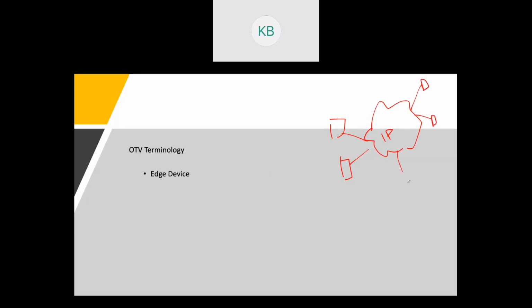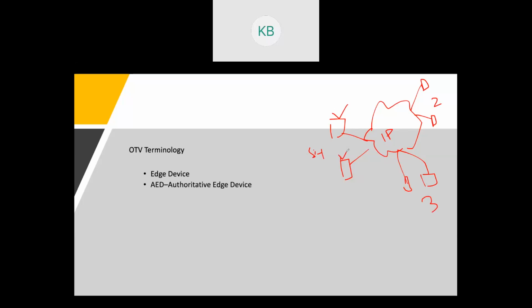In fact, you can have another site here like this. So this is site 1. Let's say this is site number 2, and this is your site number 3. So all these devices that you see here are edge devices.